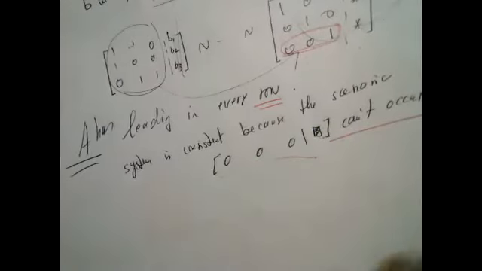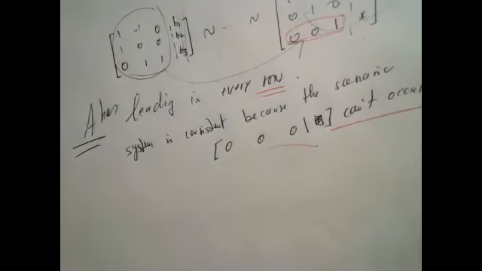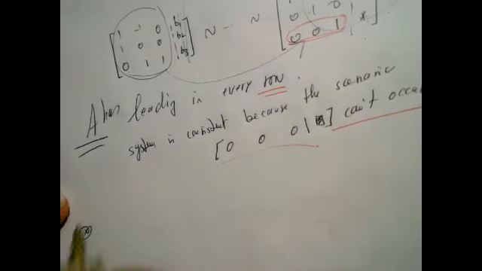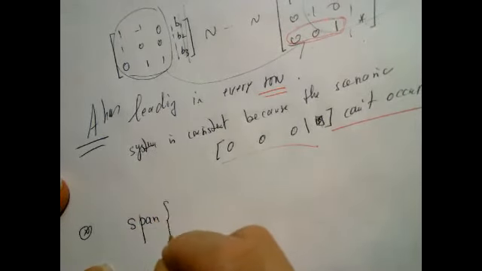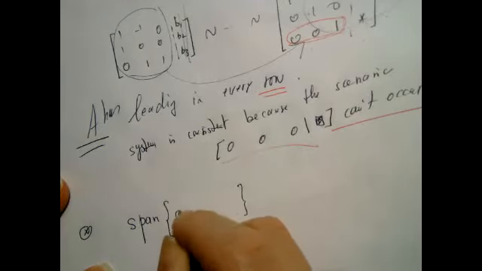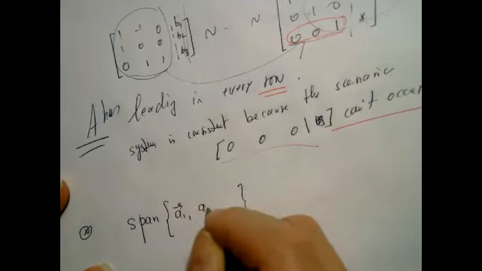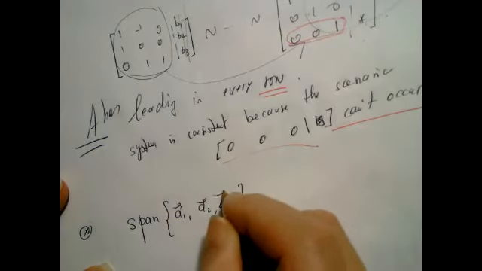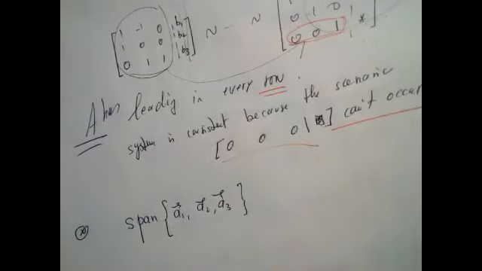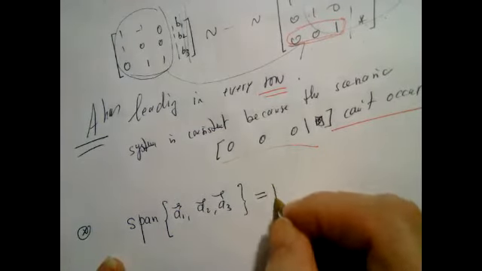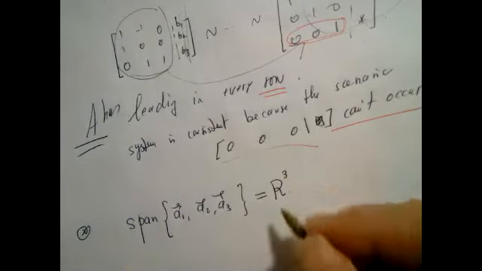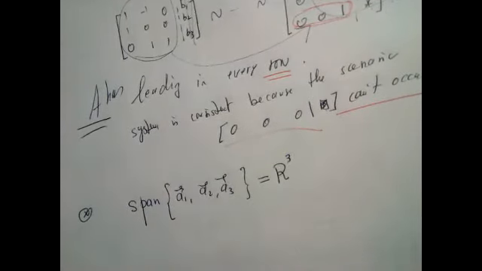All right, my last question is the following before we state the theorem. If I take all possible linear combinations of my column vectors, meaning I start combining them, the question is, is this equal to R3?